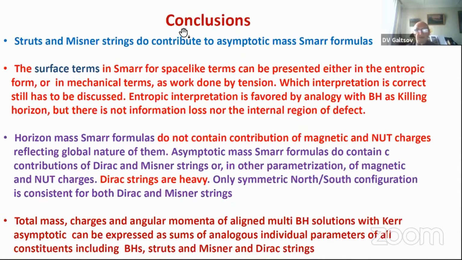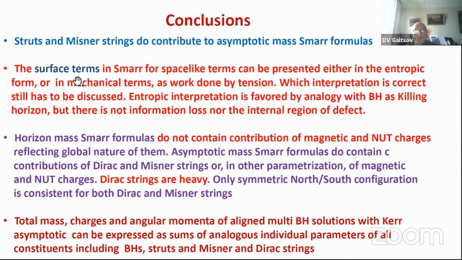So, my conclusion is the following. Struts and Misner strings do contribute to asymptotic mass Smarr formulas, and they contain a surface term. This surface term just corresponds to the product of the space-like surface gravity by the area surrounding the string.